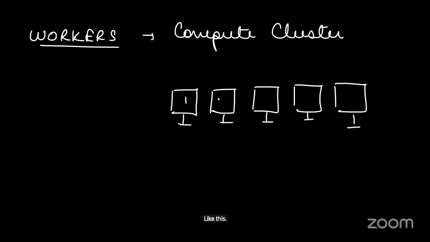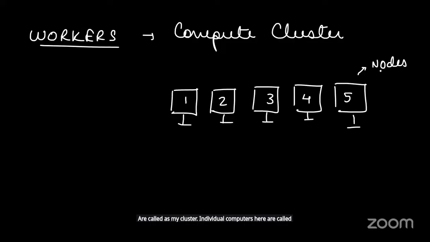This is computer number 1, 2, 3, 4, 5. All the computers together are called my cluster. Individual computers here are called nodes. We call them workers also. So I can say node 1, node 2, node 3, node 4, node 5. Together, this is my compute cluster.